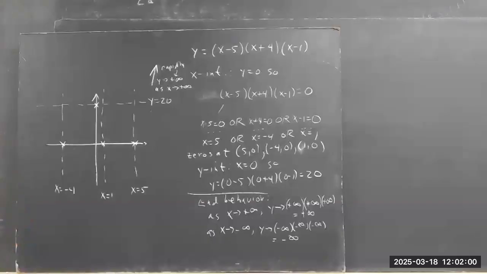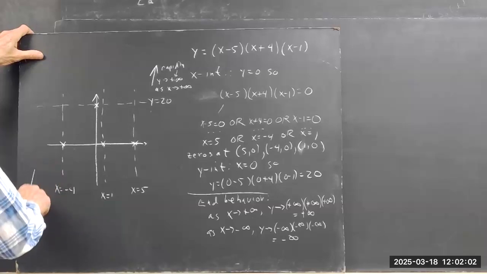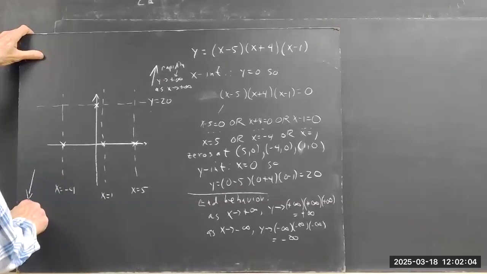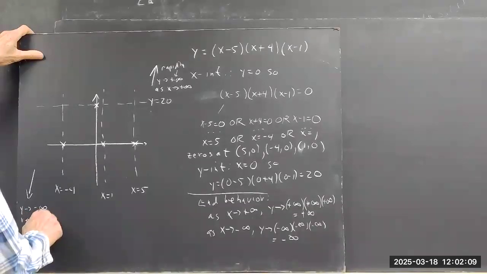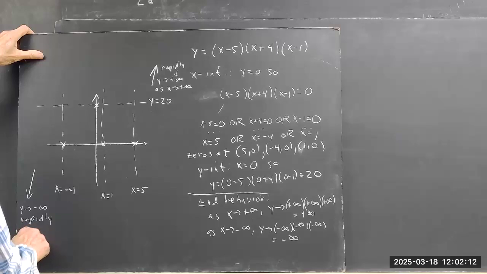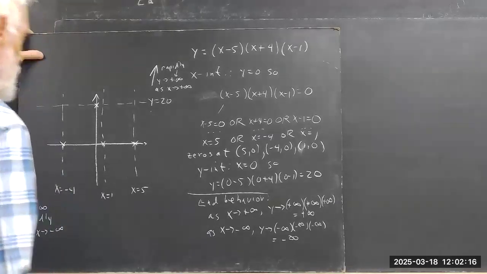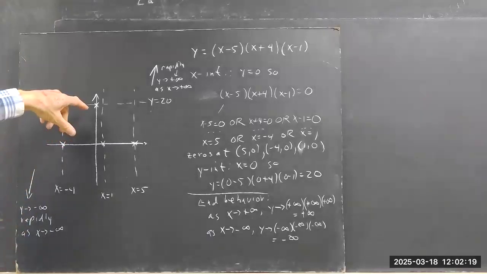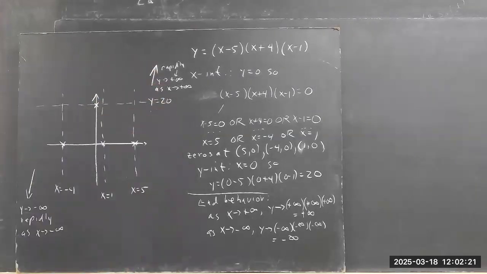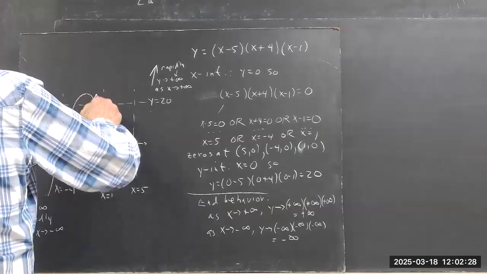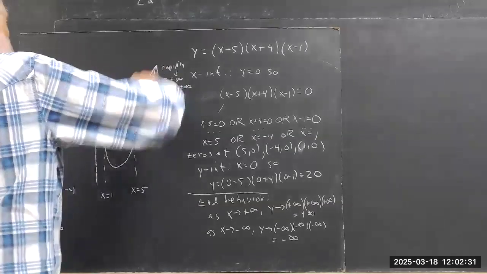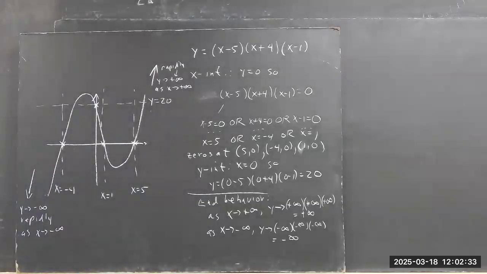You do that, okay. And over here, so we got to come up from here, got to go through these points, and we got to end up here. And that's easy. So we just come up here, turn around, come down here, and come back up here, and there's our graph.